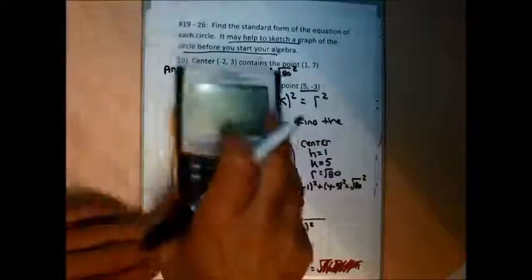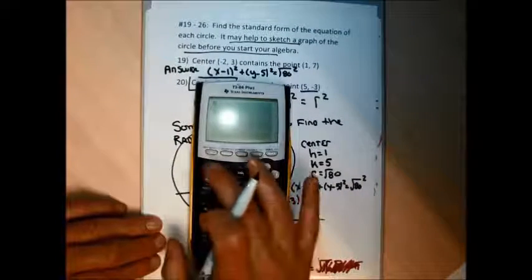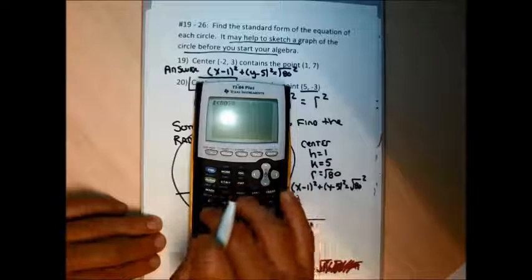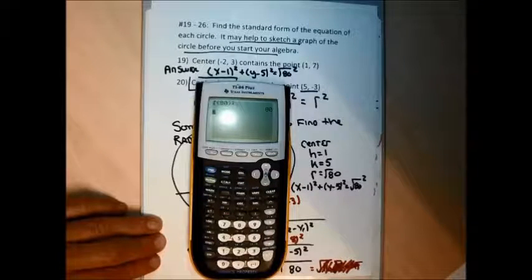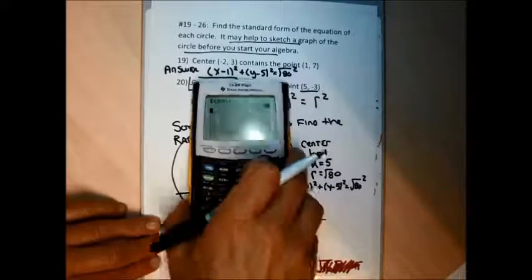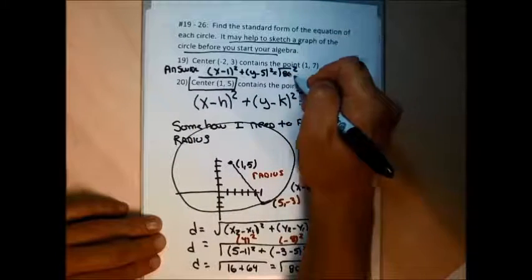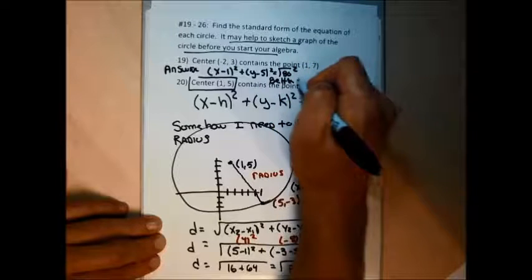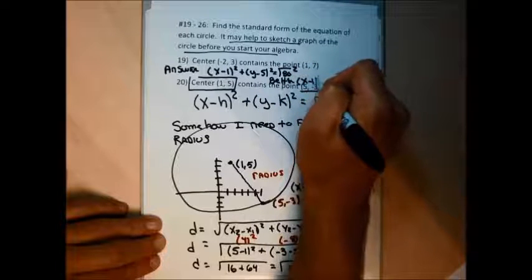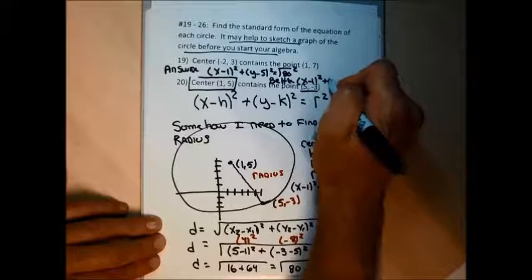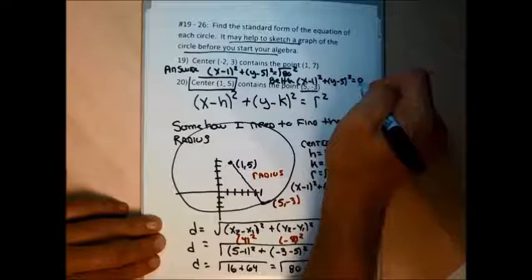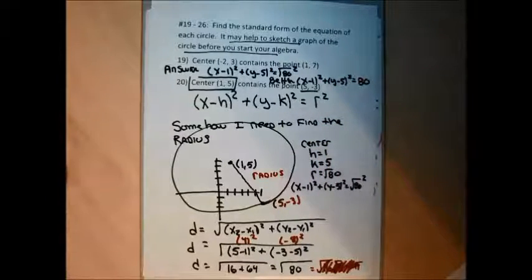But if you square the square root of 80, you get 80, because the square root of something squared is just that. And so it would be better if I said the answer was x minus 1 squared plus y minus 5 squared equals 80. Both would be acceptable answers.